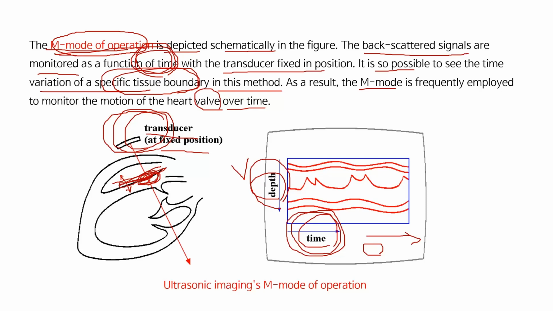But in the M mode operation, we fix a certain tissue boundary, and we can observe the motion of this tissue boundary as a function of time. So there is a difference between A mode and M mode operation.